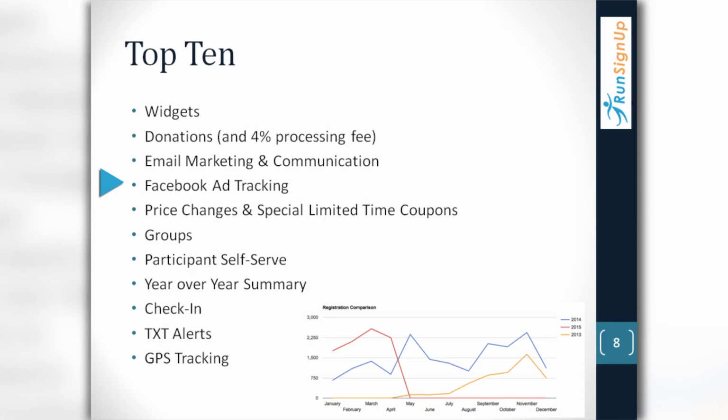And you put that pixel ID into RunSignUp, and then RunSignUp will tell Facebook every time someone registers for your race. So it's not just people that are clicking on or liking your thing on Facebook, because likes don't matter. Registrations really matter. And you need to play with your Facebook ads, and you need to allocate money to your Facebook ads, and you need to find other mechanisms to do advertising.